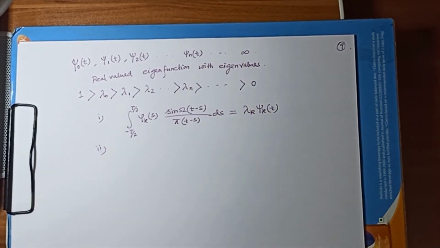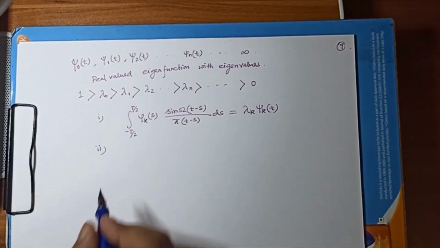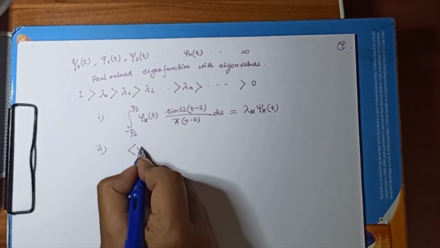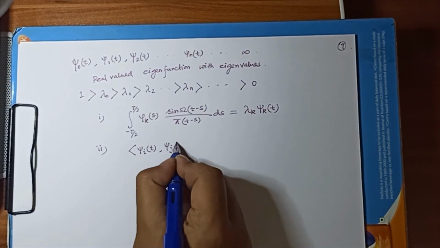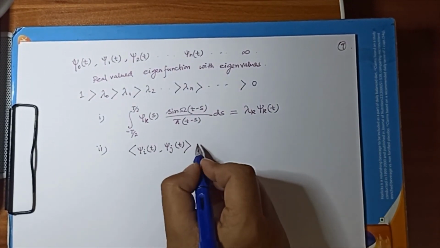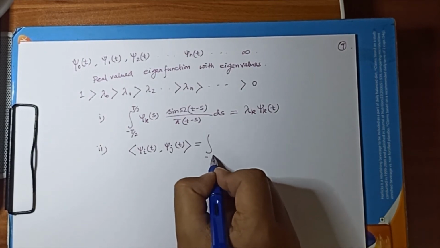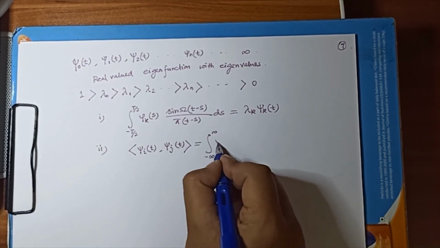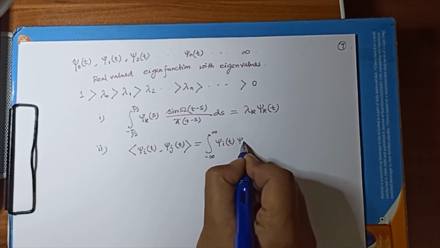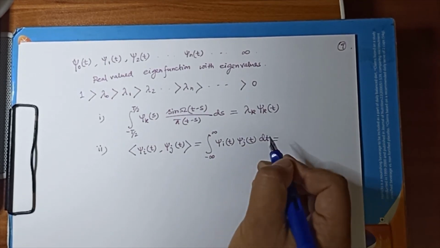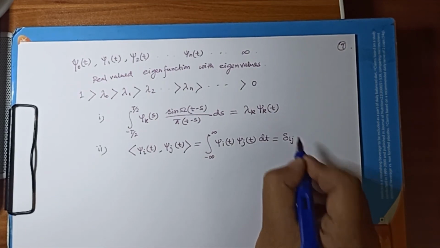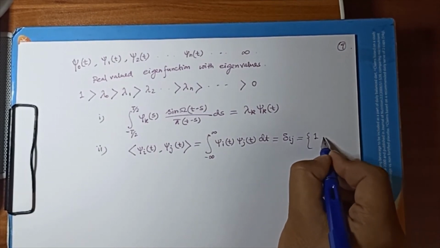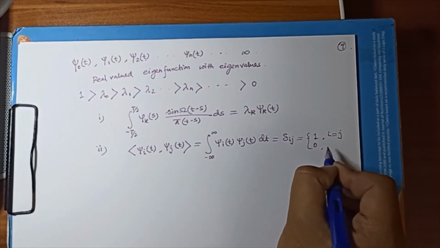The second result is about these functions psi k. If you take the inner product of psi i of t and psi j of t over the entire real line, from minus infinity to infinity, these being band limited signals, the integral of psi i of t psi j of t dt gives you the Kronecker delta, which is 1 when i is equal to j and 0 otherwise.